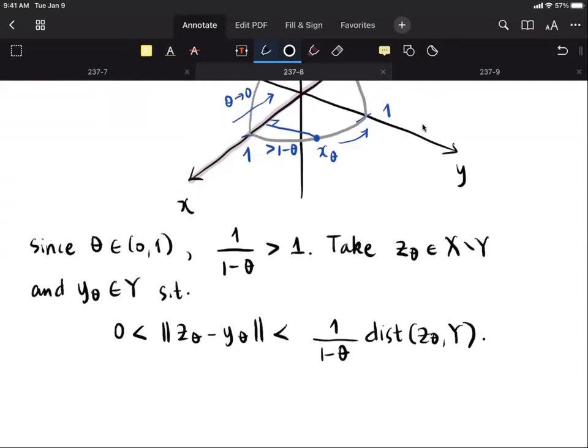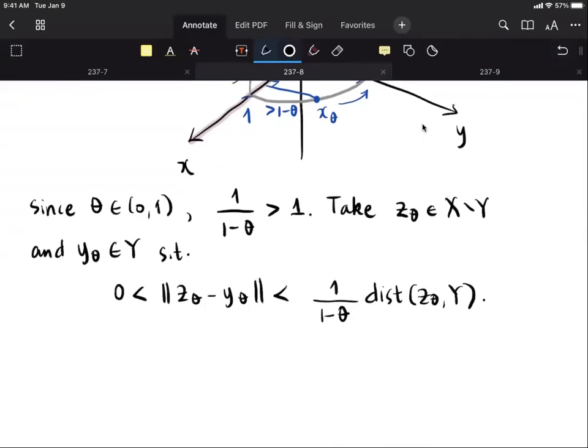So you can find a y theta such that the distance between z theta and y theta is less than this product here. Take note that this quantity is larger than the distance itself because the factor is greater than 1. This follows from the definition of distance, which is an infimum.